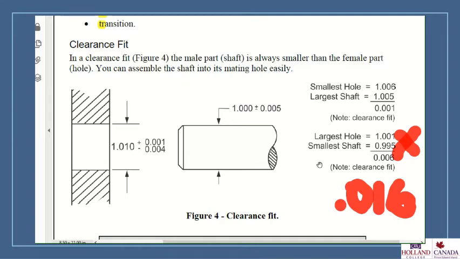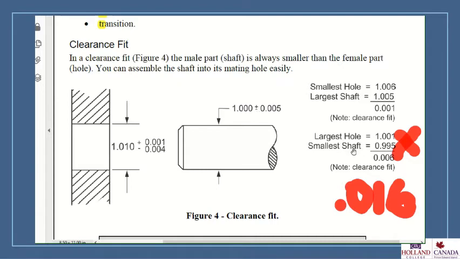Let's look at them in their other conditions. So the largest hole would be 1.010 plus 0.001, so the largest hole is going to be 1.011. The smallest the shaft can be, we already figured out the largest, now we're going to figure out the smallest: 1.000 minus 0.005.